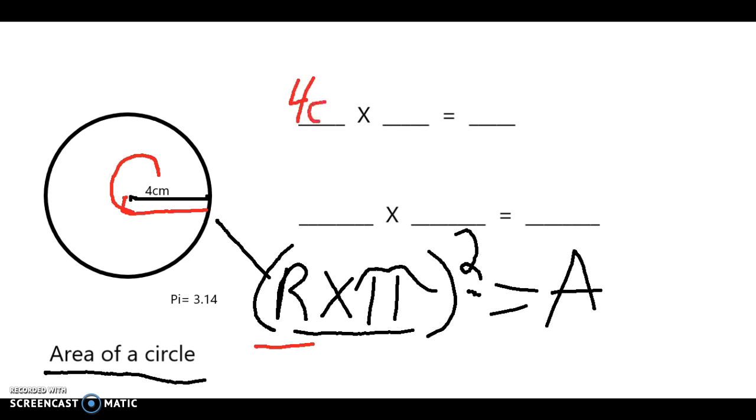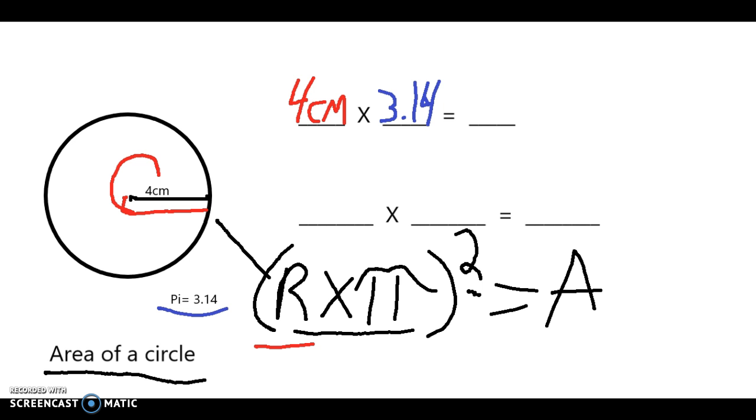So 4 centimeters, don't forget the units, times pi, which comes out to be 3.14. And we are not going to put units on that because it is not a part of the circle.